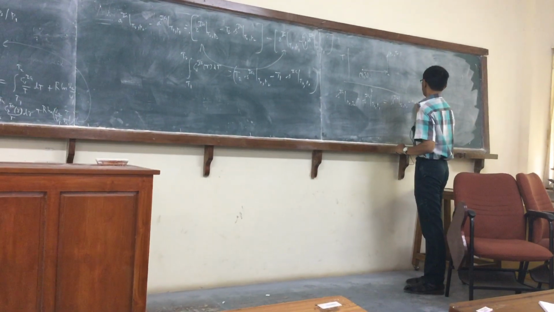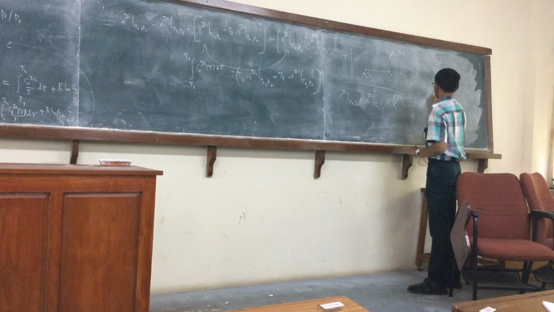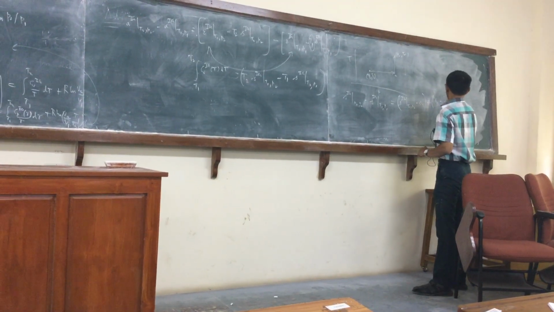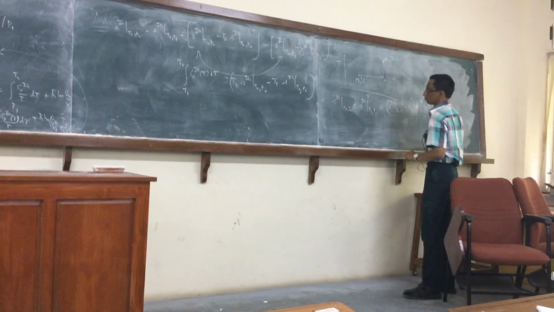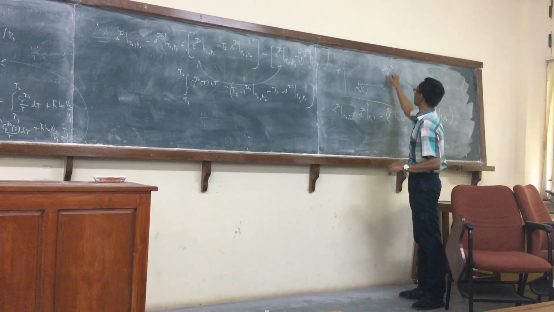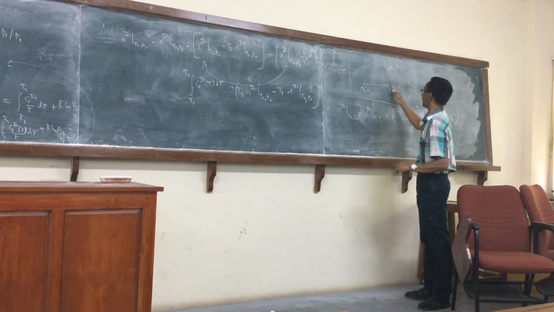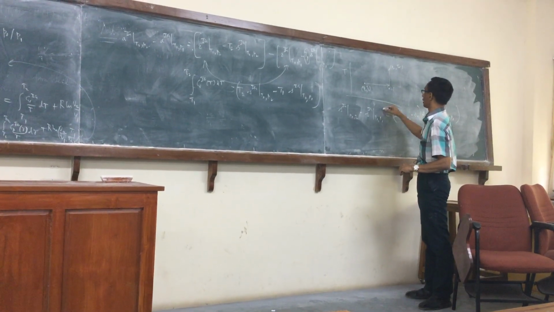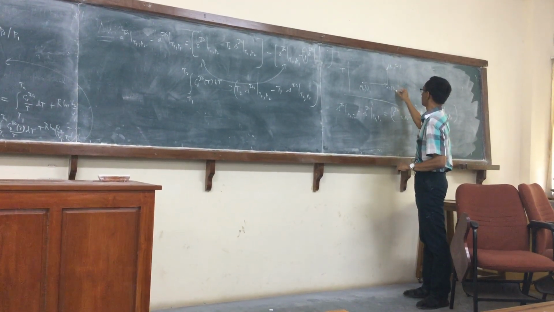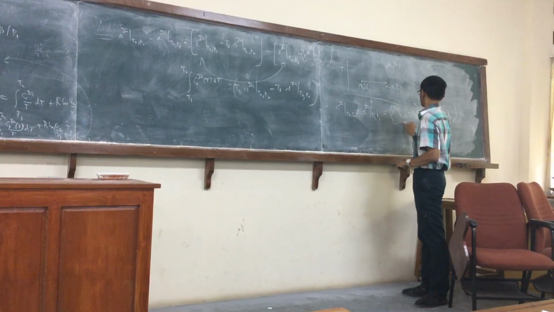Minus S_A plus S_A. What is S^IG(T2, P2) minus S_A? A is actually given by a pressure P2 and a temperature T1. Right?